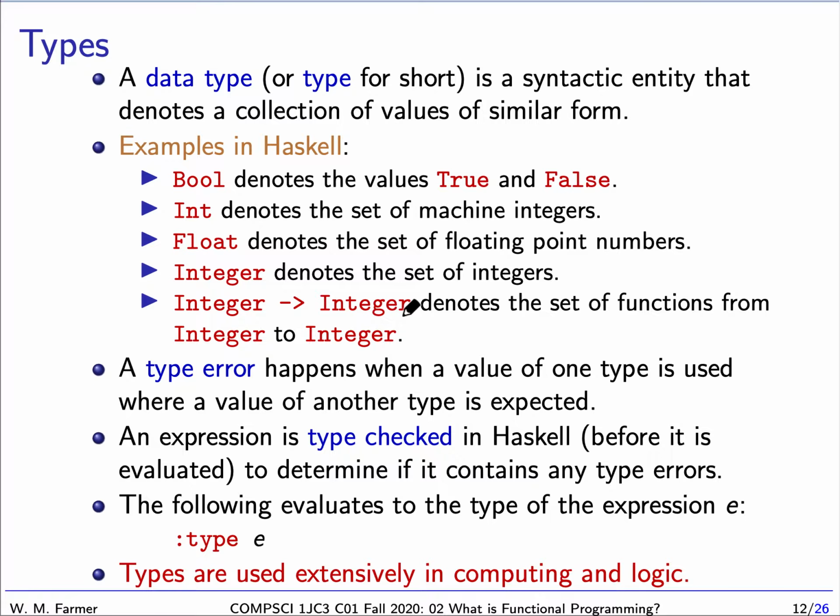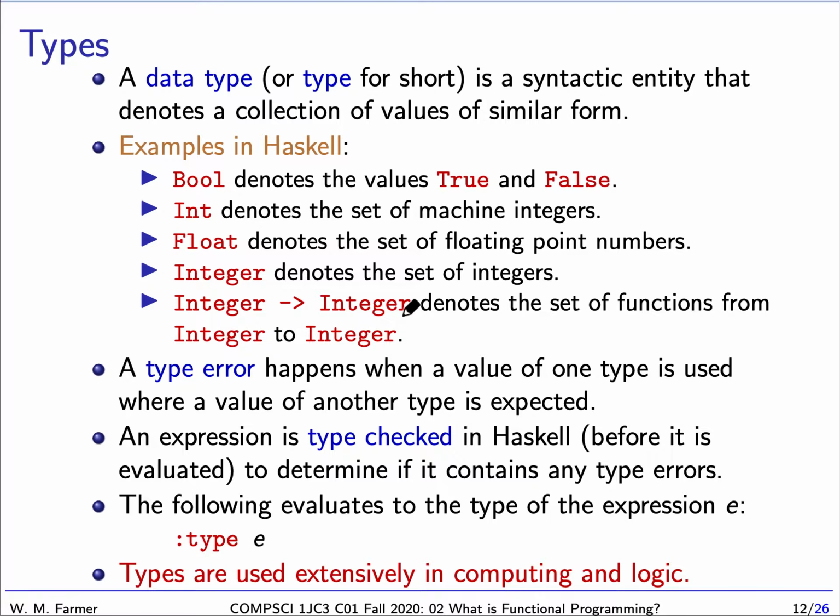So you may wonder, well, why do we have types? Why are they useful? Well, we have them because there's a very, very common kind of error in programming called a type error. This is an error when we apply an operator to a value, an expression, and the expression doesn't have the right kind of value.